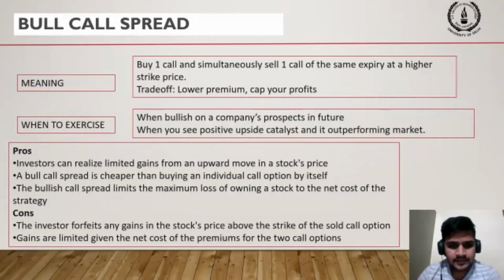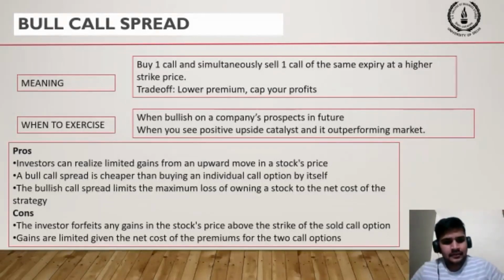So this type of vertical spread strategy is often used when an investor is bullish on the underlying asset and expects a moderate rise in the price of the asset per se. So using this strategy, the investor is able to limit their upside on the trade while also reducing the net premium spent. So yeah, I have listed down the pros and cons and have explained it in my explanation about what the bull call spread means and when to exercise them.